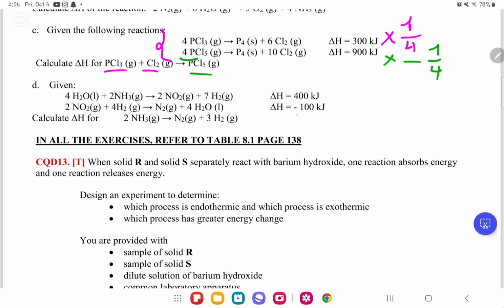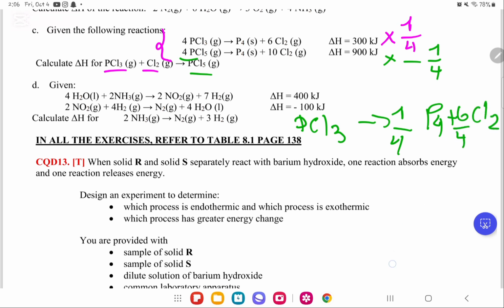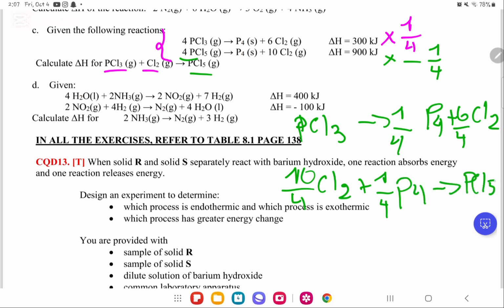So now the equation is gonna be PCl3 gives us 1 over 4 P4 plus 6 over 4 Cl2. And here it's gonna be 10 over 4 Cl2 gives us 10 over 4 Cl2 plus 1 over 4 P4 gives us PCl5.